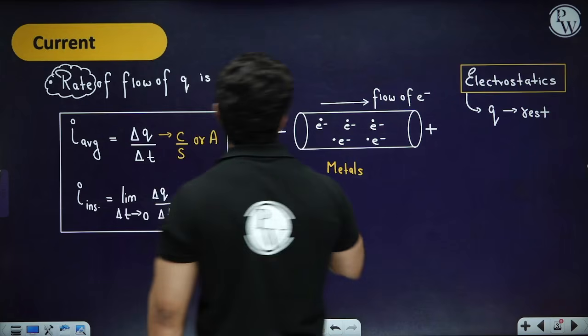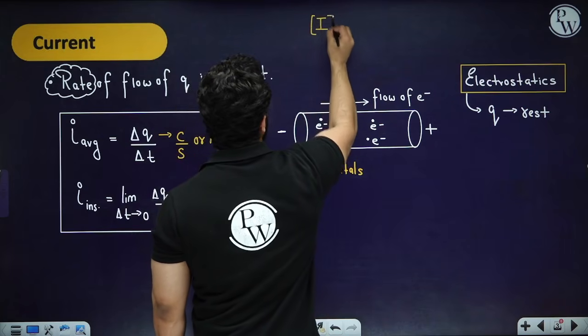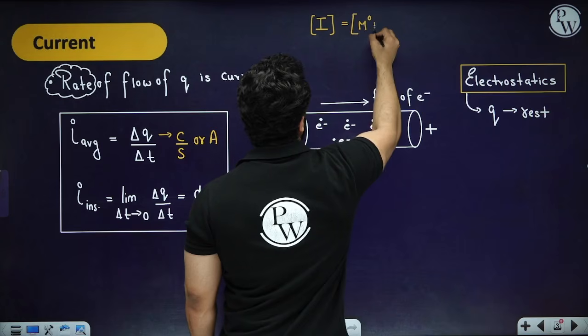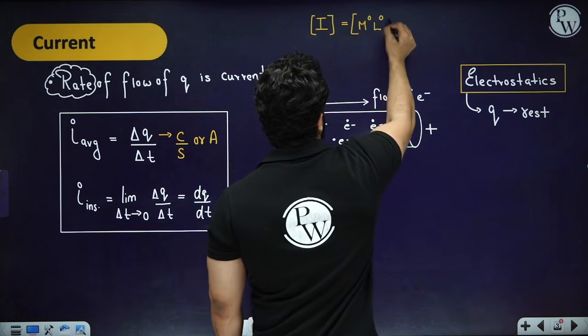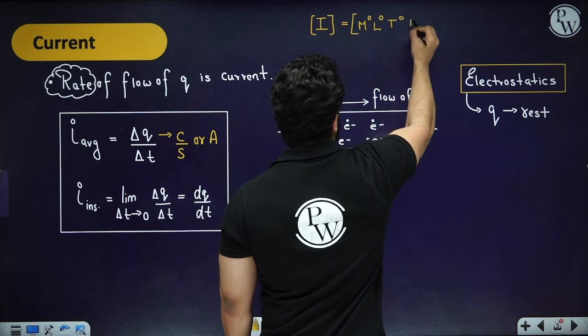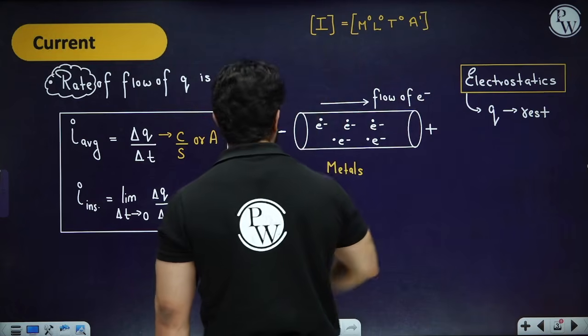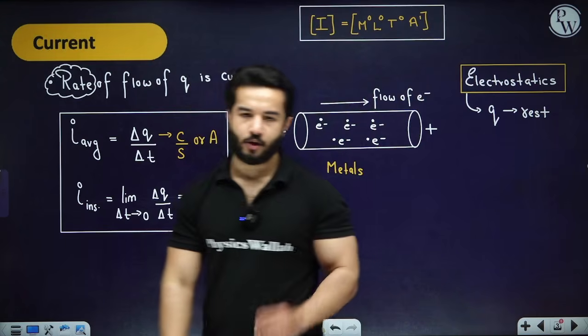So whenever someone asks you the dimensional formula of current, obviously you know it. It's going to be M0 L0 T0 A1. So it's a fundamental quantity and has a fundamental unit, right?